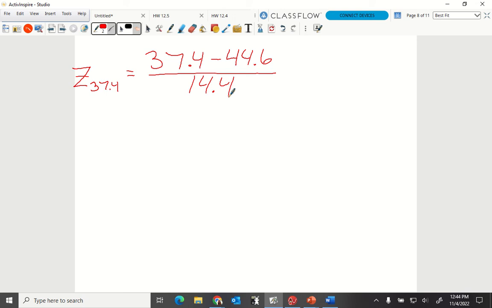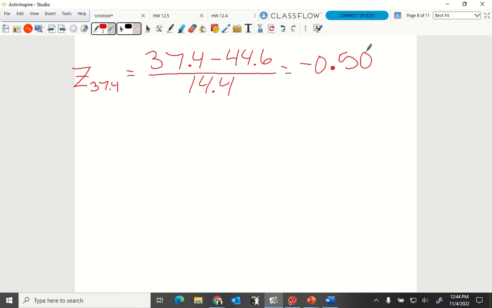Alrighty, so my z-score is -0.5. Since my table always has two decimals, I'm going to put a 0 right here, because all my chart has two decimals. Good. Now let's do the top end of this.